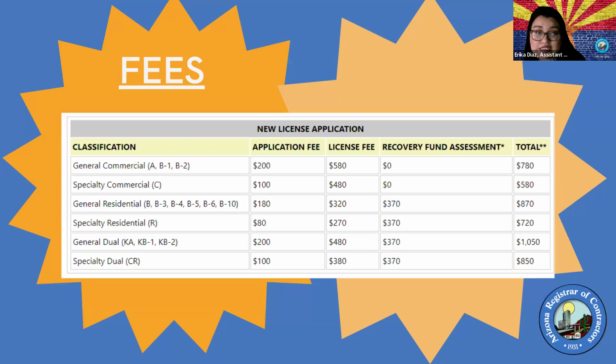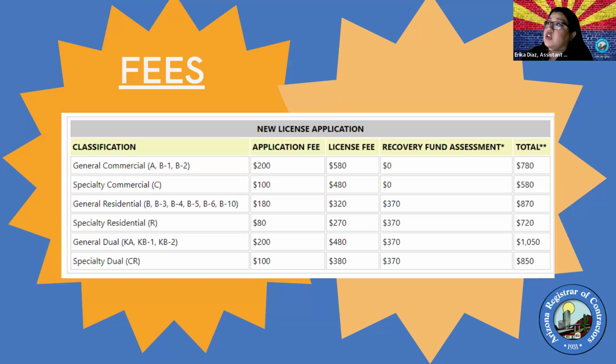When you renew your license, that application fee will no longer apply. However, when you are paying for your license renewal, you will pay your license fee. Also, only if you have a residential license, you pay for the recovery fund.